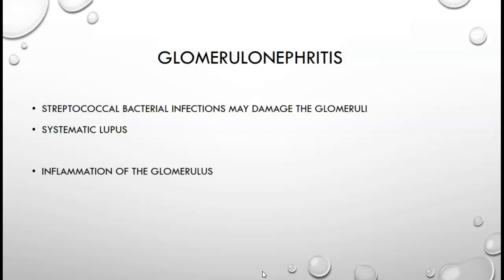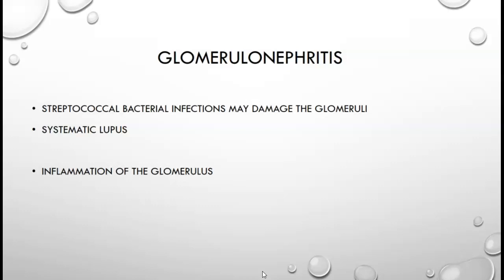Glomerulonephritis can also be caused by lupus. This is important. The big one that I see with this is kids with post-strep, and this is strep A, the normal stuff that causes strep throat. They may have had a history of strep, or sometimes they don't even have a history of strep, and then you notice that they're very edematous, their blood pressure is going up, and if you check an ASO titer, you'll find that it's increased.